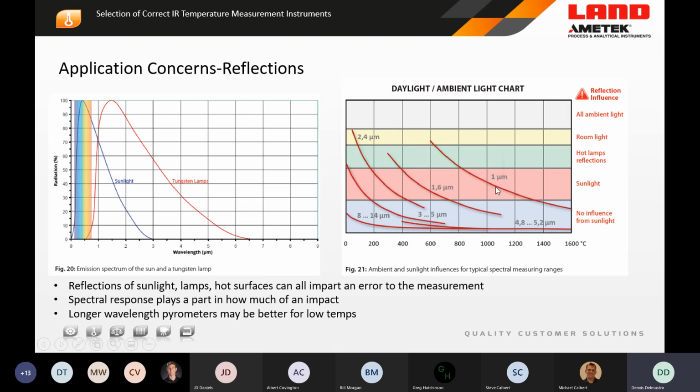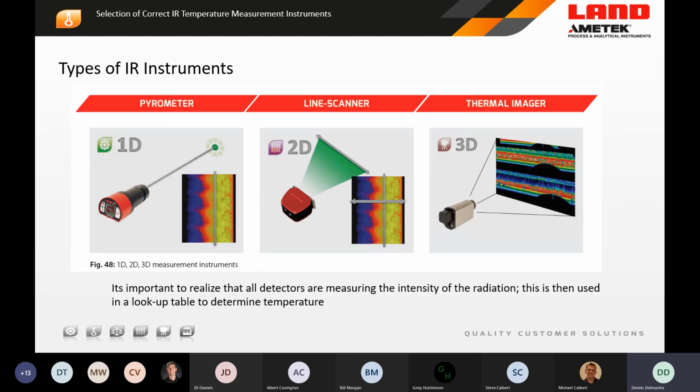Over on the right, this is just showing whatever spectral response of an instrument we would use, let's say 1 micron or 1.6 or 2.4, 3.9, we can see that sunlight across the temperature range can result in errors. So I would say 70–80% of the time reflections are not a concern, but we do have applications, especially on steel strip, galvanized strip, aluminum strip, where you have big targets and the reflections can sometimes be troublesome.